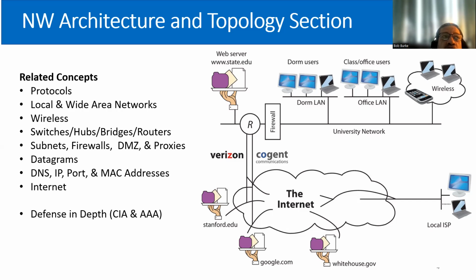Subnets, firewalls, these are different zones that can be installed in a network and how that adds security. Datagrams, that's essentially data. Those are the packets, how we format and structure the data, how they are addressed, how we ensure the data gets to its destination and it's complete. So we'll focus quite a bit on that.